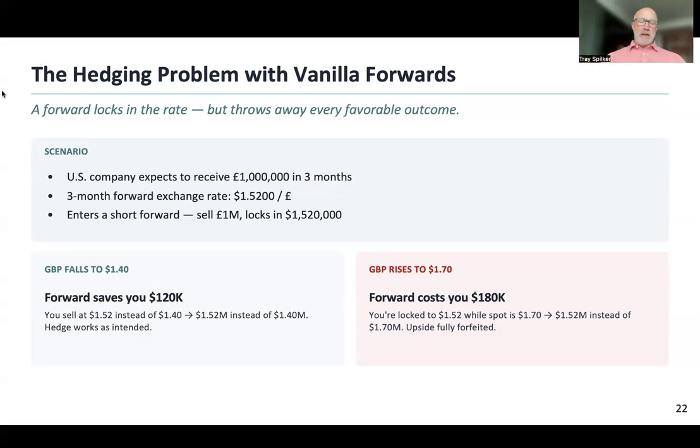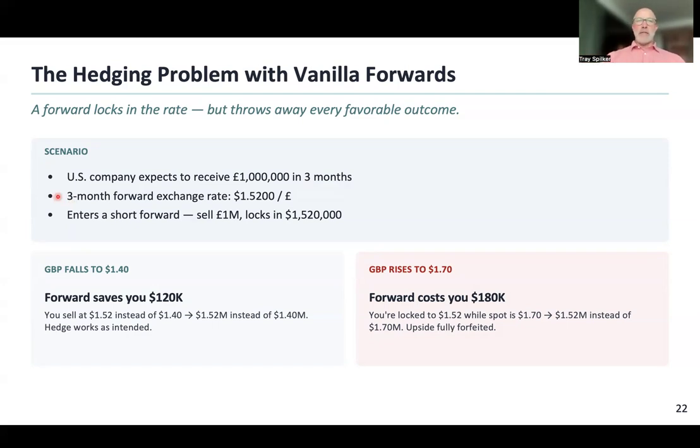Now, a plain vanilla forward contract is one way to go about solving this. We could do that, for example, if we entered into this 3 month forward contract at an exchange rate of $1.52 per British pound.